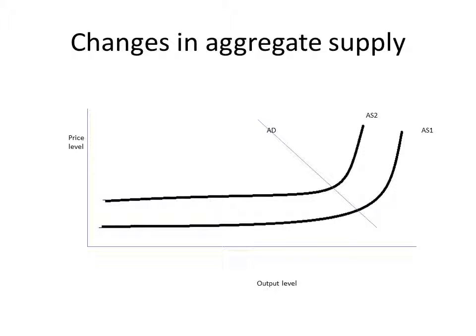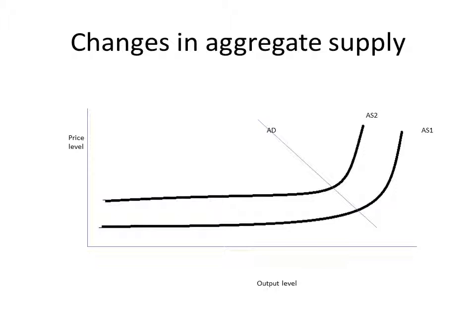So for instance, let's assume that aggregate supply shifts from AS1 to AS2. What that means is that aggregate supply has decreased. You notice at the equilibrium the price level has risen, but the output level has fallen. That's a bad situation. That's kind of the worst of all possible worlds.